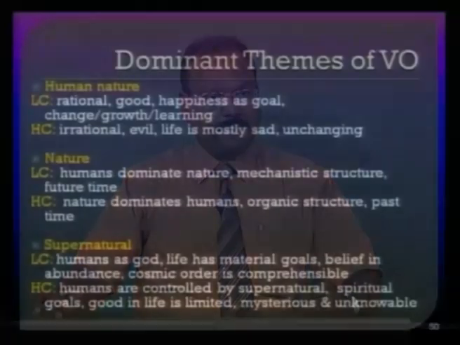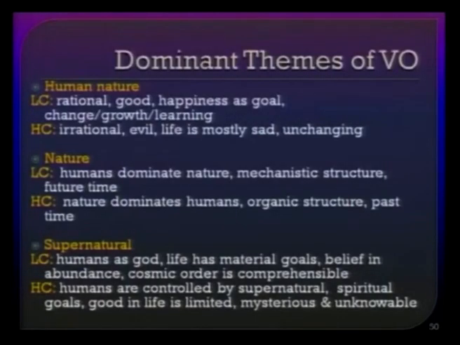Now, in terms of high context culture, humans are controlled by the supernatural. So, humans are seen as puppets in the hands of supernatural elements. Something God, something more than a God, something like a super God, something that is supernatural is controlling and governing the events of very simple ordinary mortals, human beings.